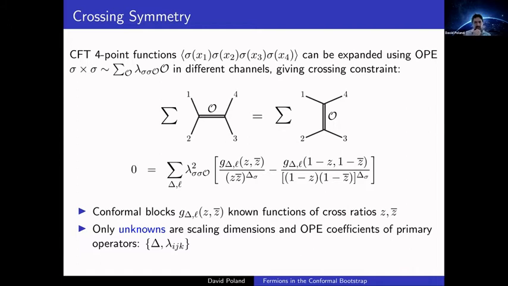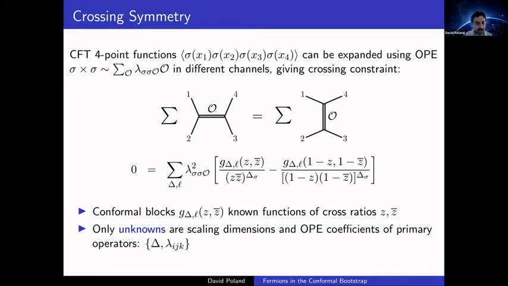Okay, and let me just highlight that in this bootstrap equation, these conformal blocks are basically known functions. We understand how to calculate them to arbitrary precision fairly efficiently. And the only unknowns in this equation are the set of scaling dimensions and OPE coefficients of all the primary operators showing up in the OPE.